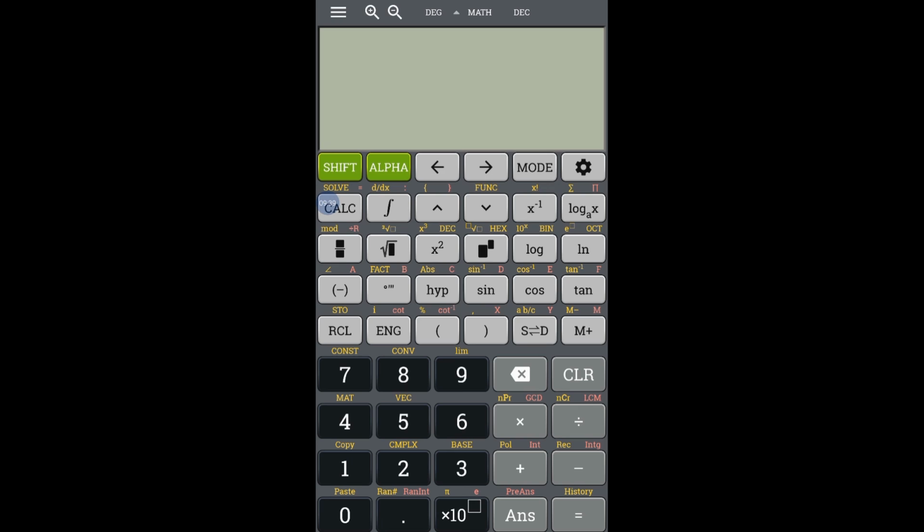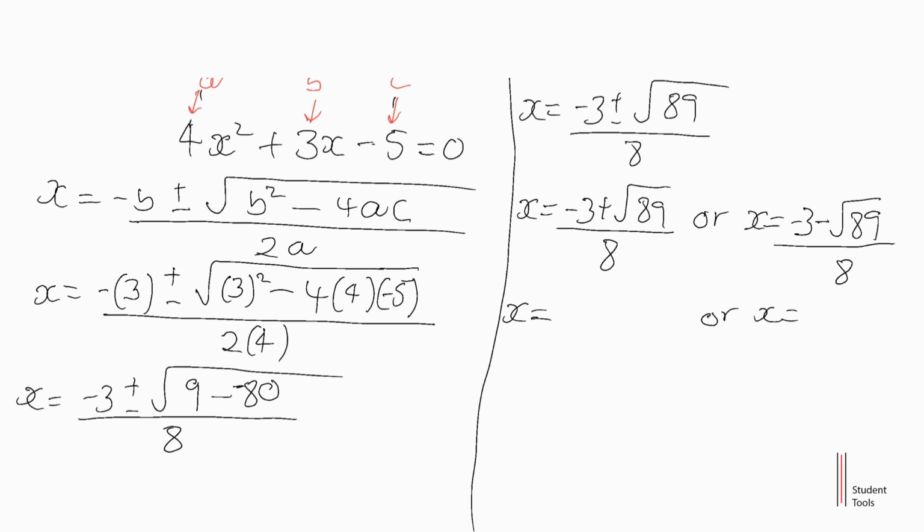So let us punch this in our calculators. We have negative 3 plus the square root of 89 over 8 equal to 0.804. Remember, we have to give our answers correct to 2 decimal places, so that means we are going to have 0.80.